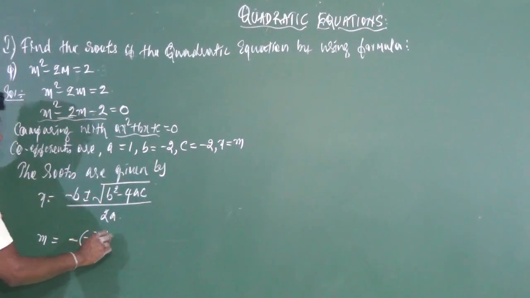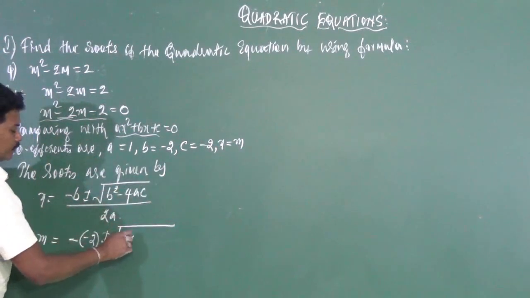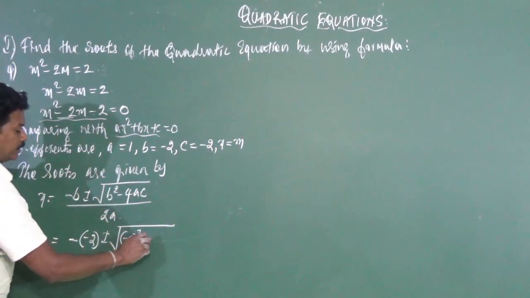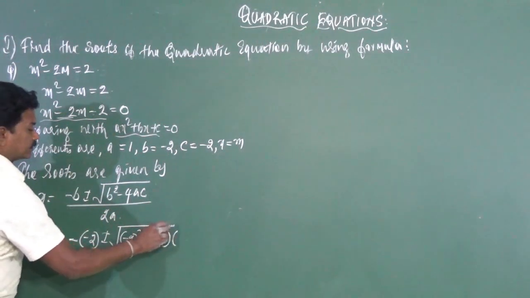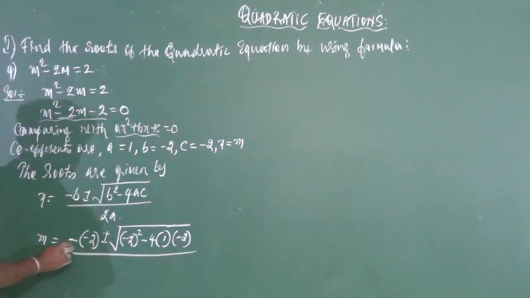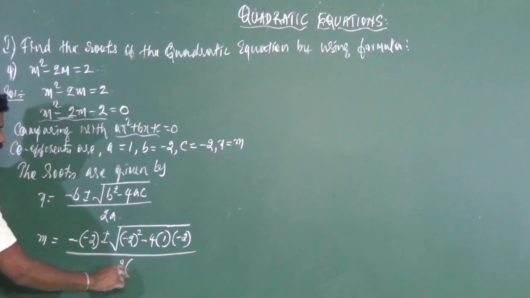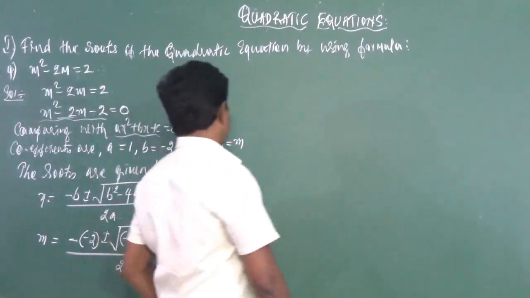Plus or minus square root of b square, minus 2 whole square, minus 4 into a is 1 into c is minus 2, by 2 into a, a value is 1. Right. So this is collection of data, formula and substitution. Now we will go with simplification.